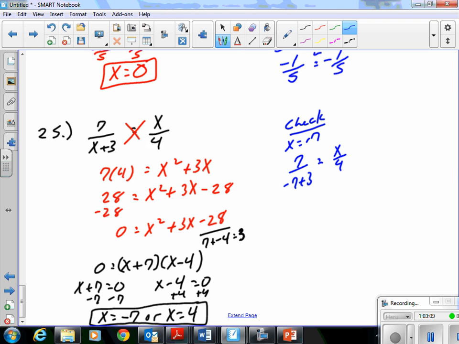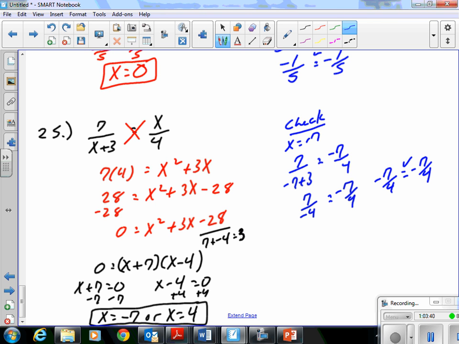I forgot to plug in the negative 7 over here for this x, so that's going to be negative 7 over 4. Simplify those down. It's going to be 7 over negative 4 equals negative 7 over 4. Or since there's one negative there, that's the same thing as negative 7/4 equals negative 7/4. So that works. So the answer is good.